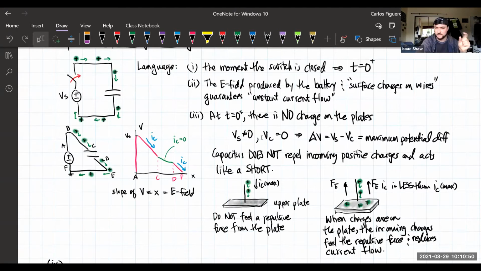By constant flow, do you mean constant in that instant, t equals 0 plus, that the amount of charge flowing onto the upper plate is equal to the amount of charge flowing off of the lower plate? Yeah, constant across the two plates. Gotcha. Yeah, just across the plate, because remember, we're only talking about the capacitor.